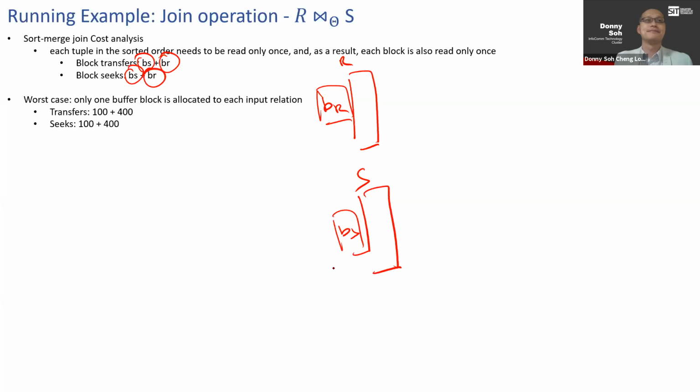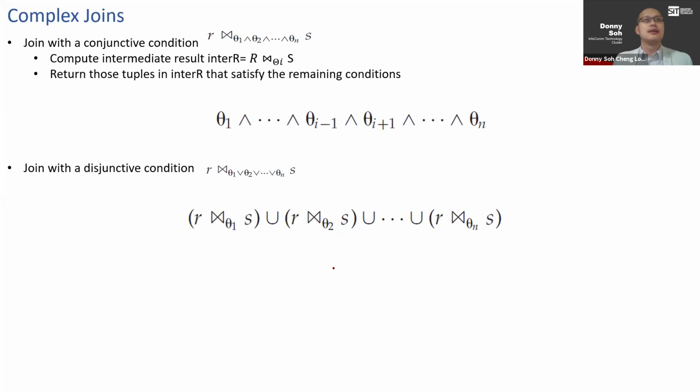Okay, I hope this is slightly clearer. Okay, let's look at what we call the complex join.